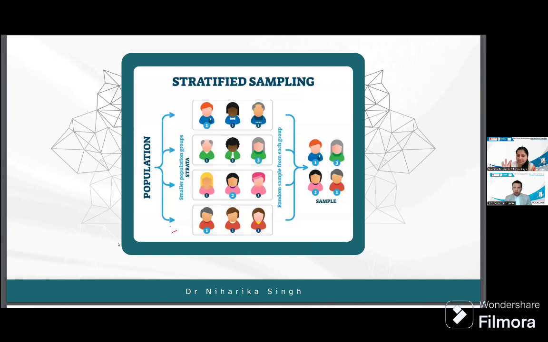So this is an example of a smaller population, how I am going to put it into different strata, and from that strata, in the second stage, I randomly pick up people from the group of people, which is the strata that I have categorized the population into.